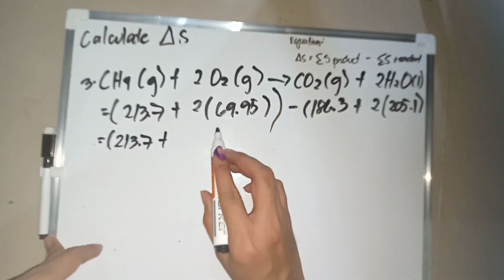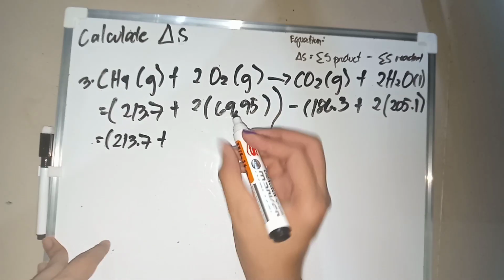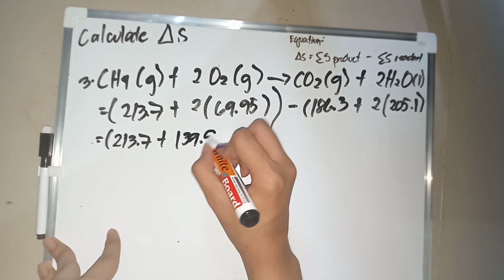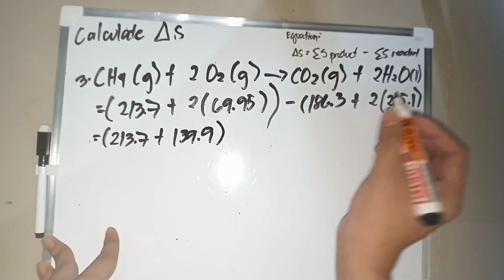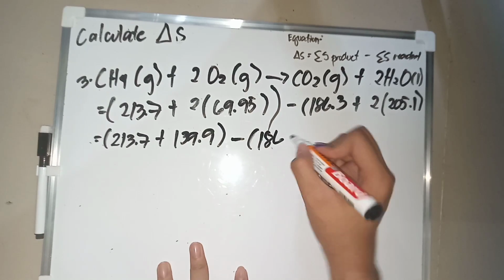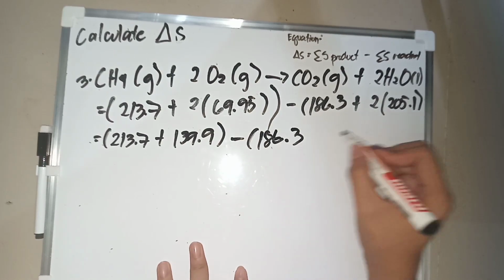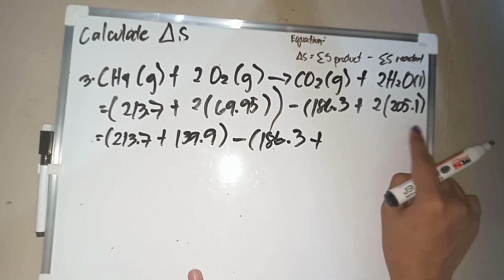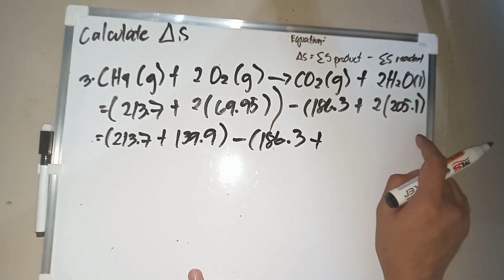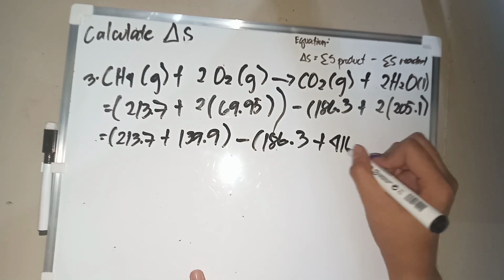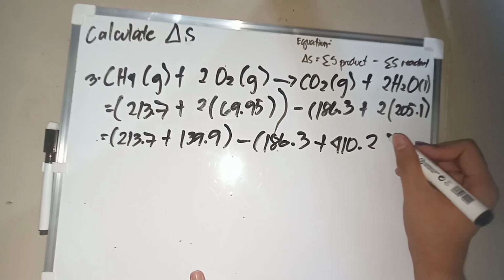So it's equal to, copy, 213.7 plus 69.95 times 2 is equal to 139.9, minus, copy again, 186.3 plus 2 times 205.1 is equal to 410.2.